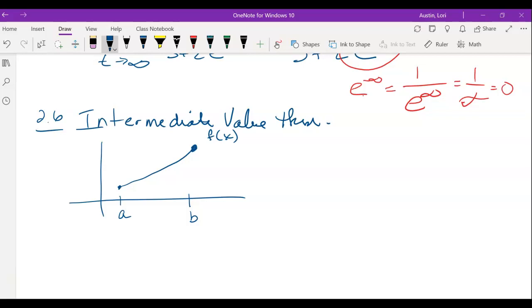Now, the intermediate value theorem states that as long as your function is continuous, and we already learned what continuous means, right?